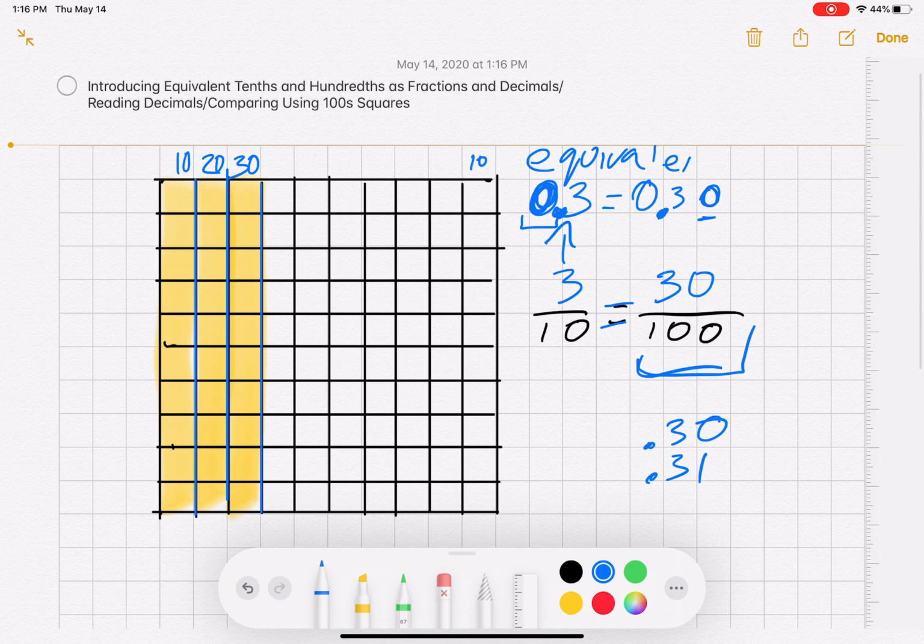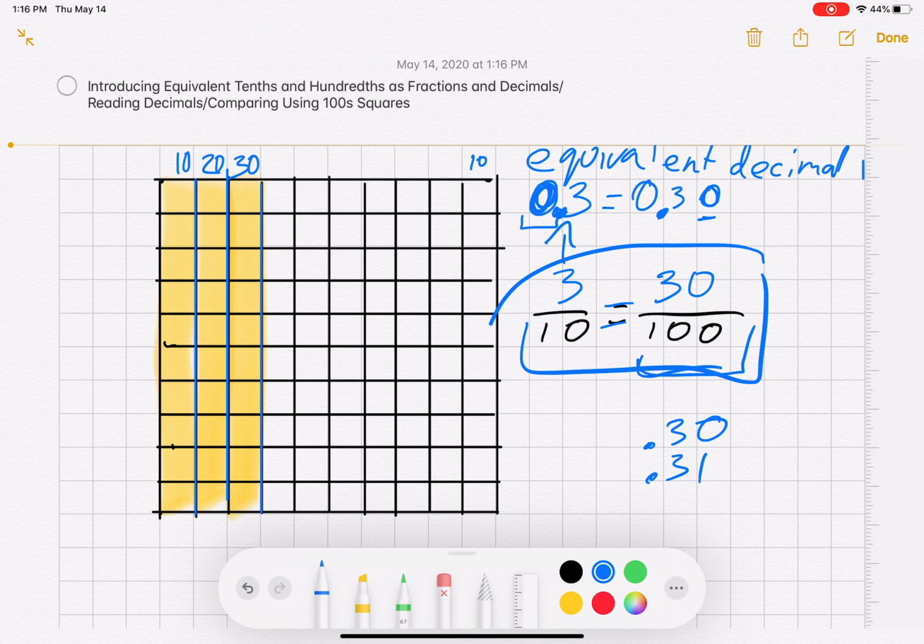Just like we had equivalent fractions, we have equivalent decimals, and these are equivalent decimals because they represent the same amount. Just like these fractions represent the same amount on the hundredths chart as well.